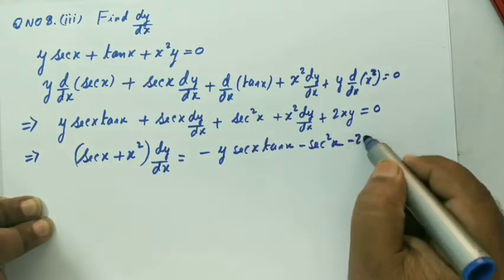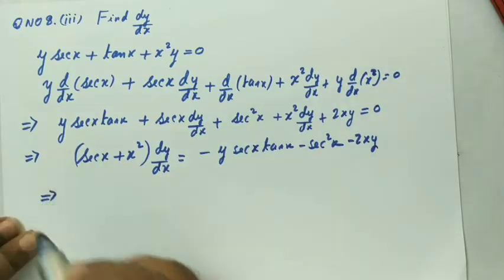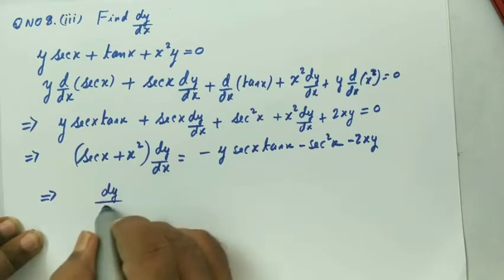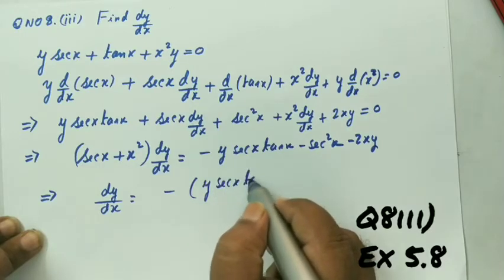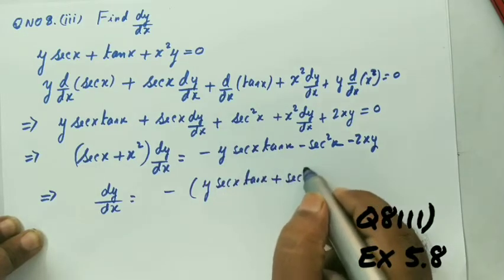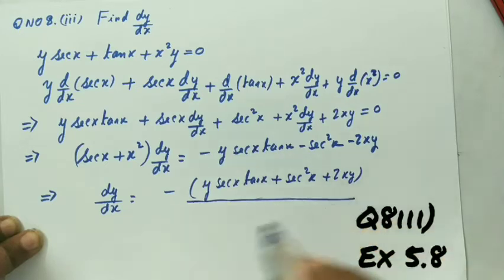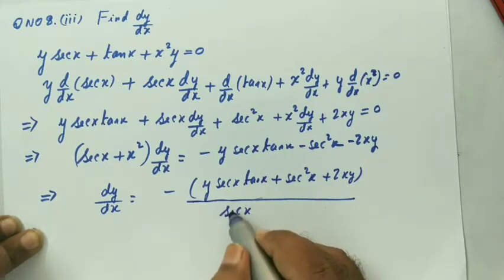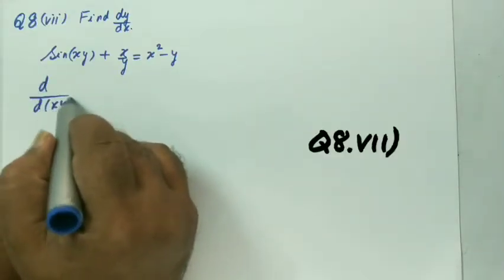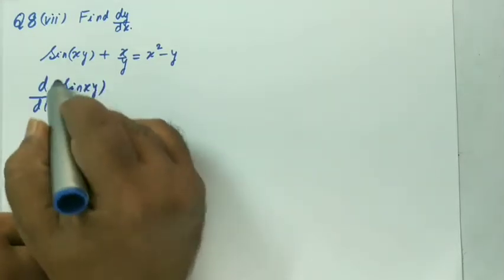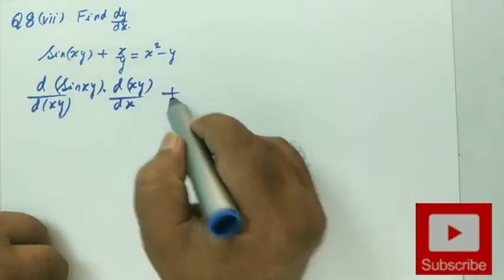This term, therefore dy by dx will be equal to, quotient rule.